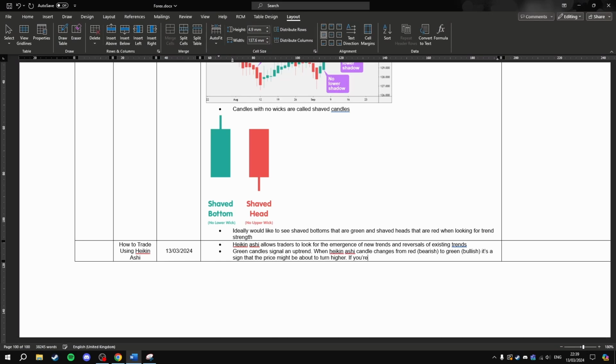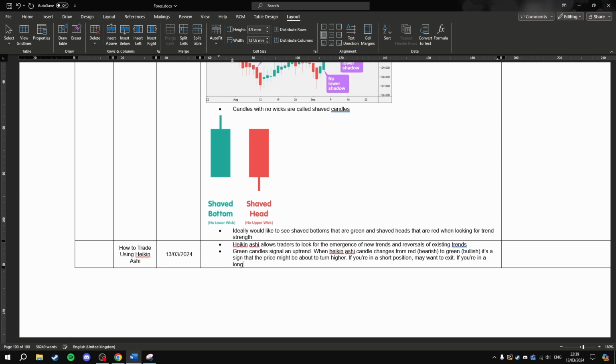If you're in a short position, you may want to exit. If you're in a long position, you may want to add more.